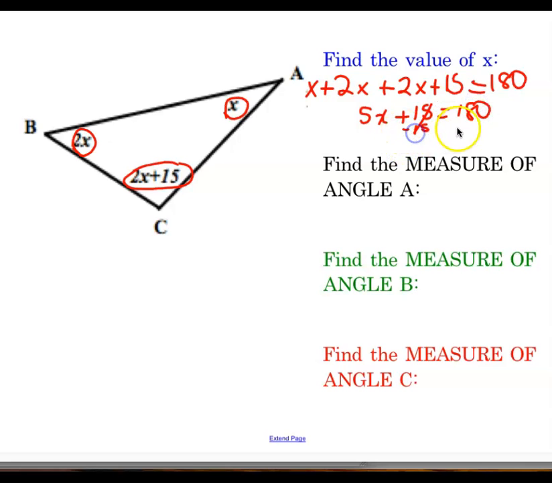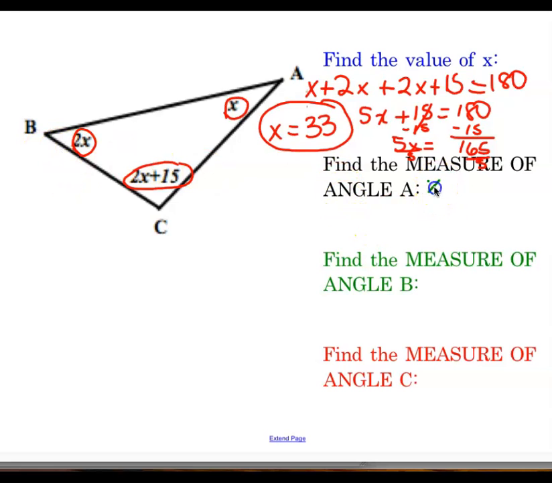We subtract 15 from both sides, and we get 165. So we get 5x equals 165. We divide by 5, and you get 165 divided by 5. X is equal to 33. So once I found x is equal to 33, I sub it back in.